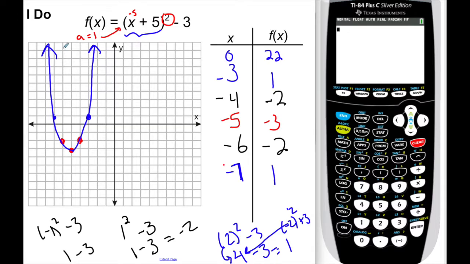Remember that nice axis of symmetry. And the axis of symmetry is x equals -5, right? Notice how it goes through -5 on the x-axis, more or less, okay? And really consider what I did here. All right. And then in a moment, what I'll do is I will move on to the next one.